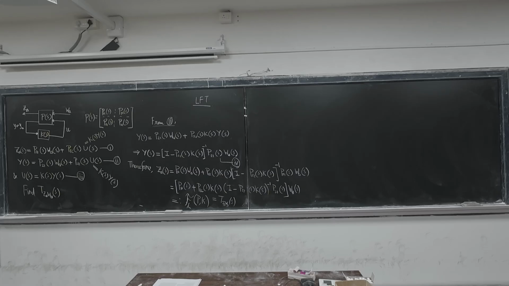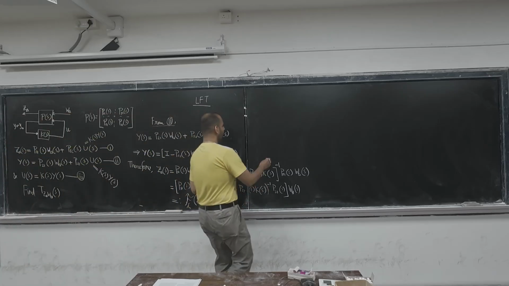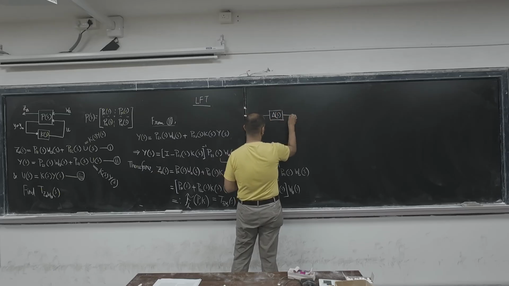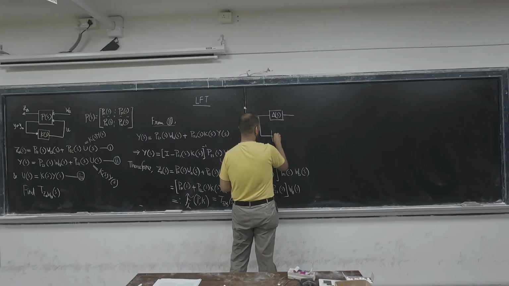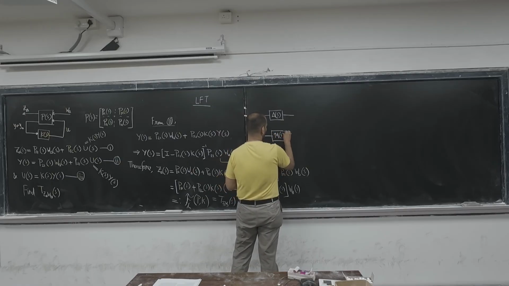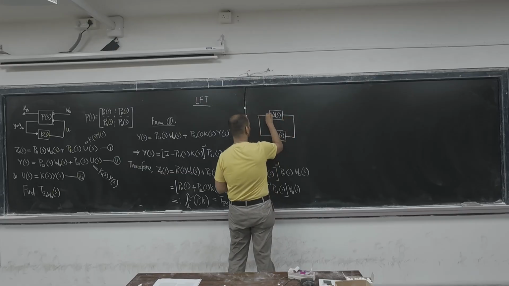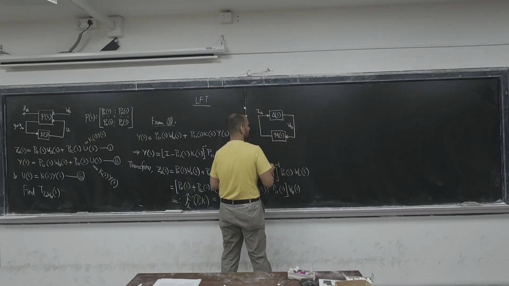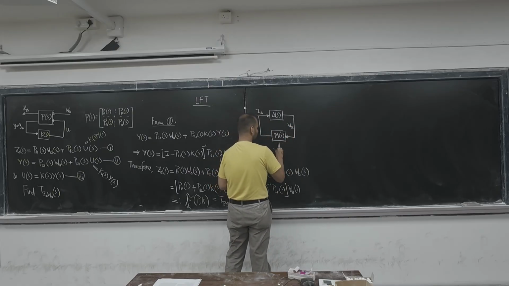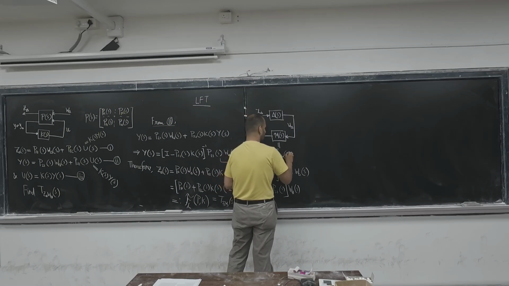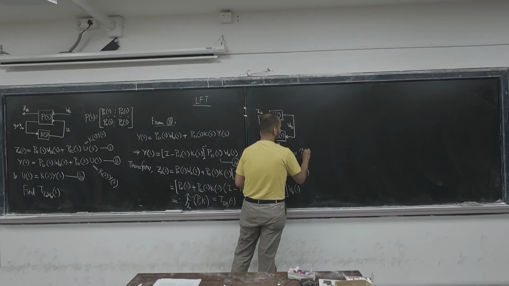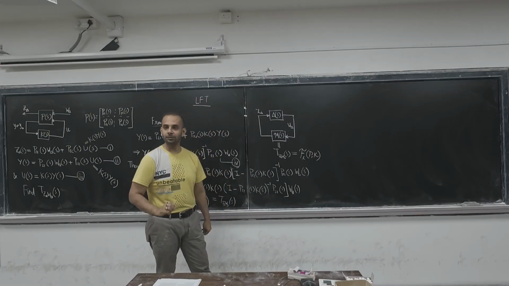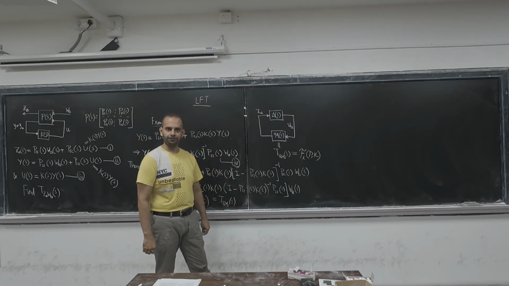So ultimately what we need is M of S. So whenever robust stability is concerned, we need lower LFT.